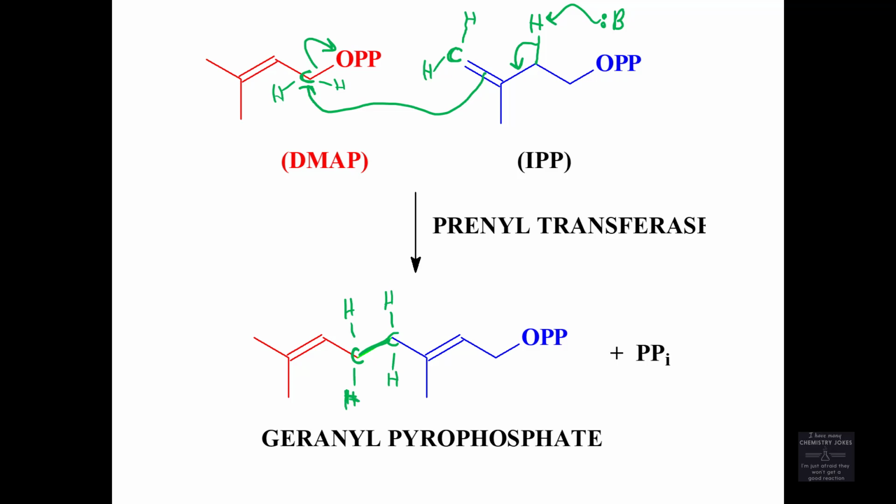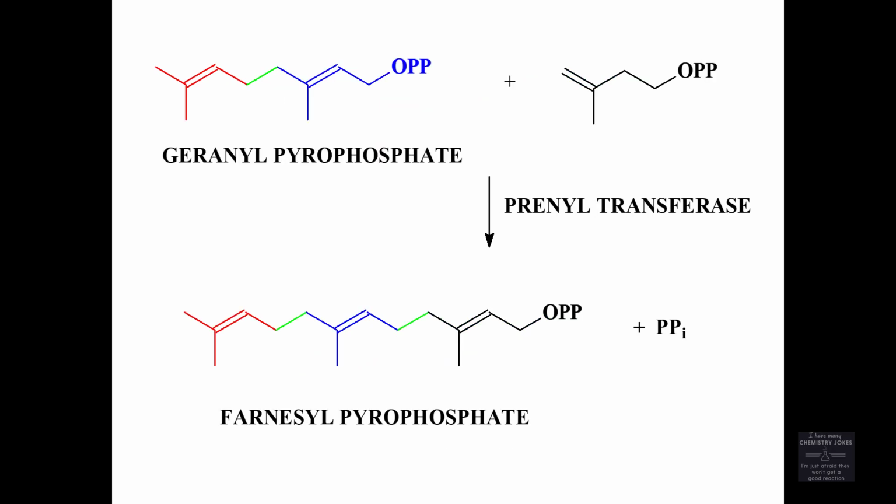All right. You take one of these molecules and react it with another molecule of IPP, like so. Some base in solution, probably water under our physiological conditions, takes a hydrogen, dumps in electrons, that pi bond kicks out, and kicks out my good leaving group OPP.